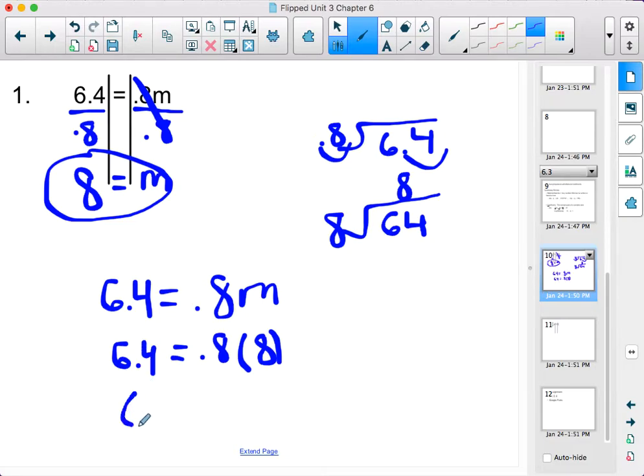So that gets us 6 4/10. 8 times 8/10, if you don't know that mentally, you can do a little more margin math over here. But I happen to know that 8 times 8 is 64. And then I have to account for one decimal place value, so move my decimal one place to the left, and they match up. So this is how to deal with a decimal rational coefficient, number 1.